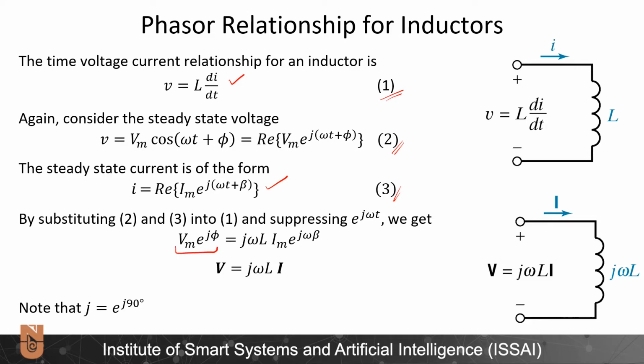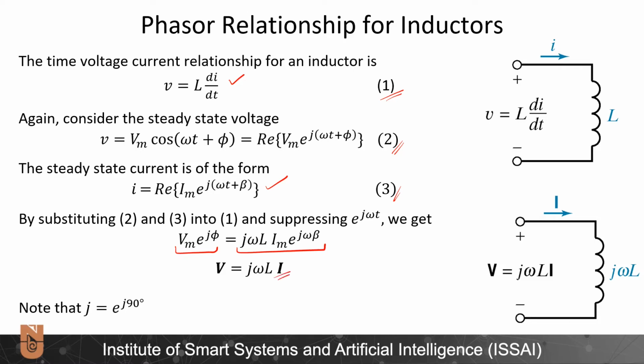The left side is a phasor for the voltage, Vm times e to the j phi, and on the right side, I take the derivative of the phasor for the current and multiply it with L. So I end up with this expression where I have j omega L times Im times e to the j beta.